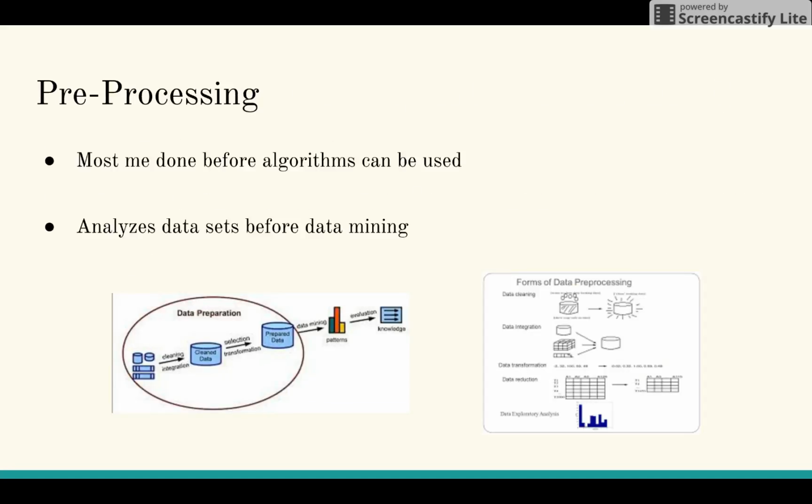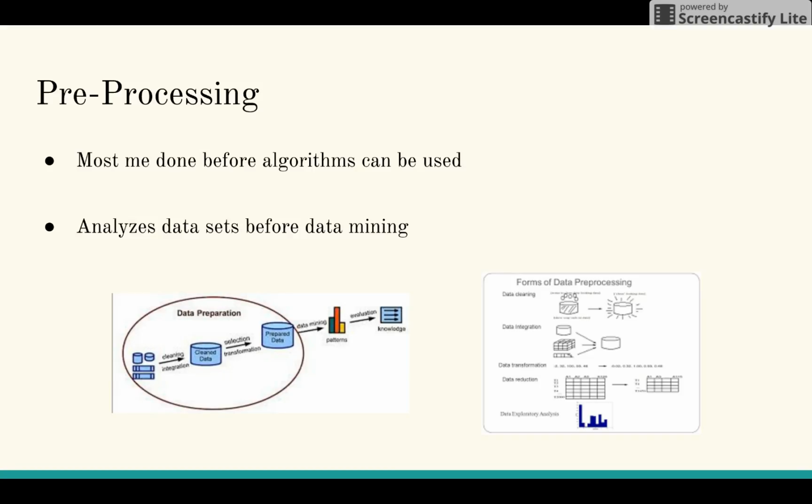So the first step is the pre-processing step, which must be done before the algorithms can be used. A target data set must be assembled before we can get to those algorithms that help us predict these models. As data mining can only uncover patterns actually present in the data, the target data set must be large enough to contain these patterns while remaining concise enough to be mined within an acceptable time limit.